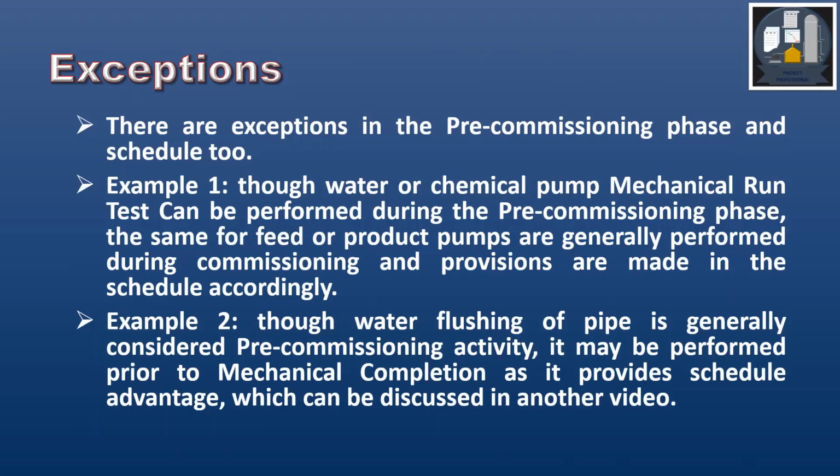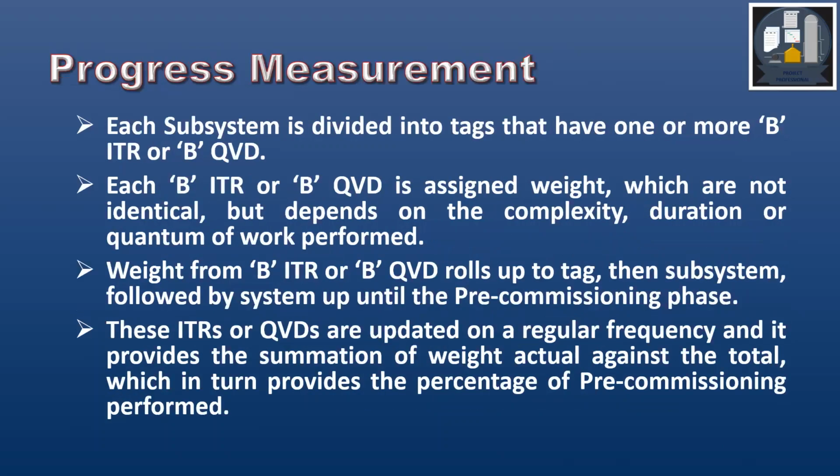Then they are dropped after the mechanical completion is achieved. They are dropped to do the water flushing. But if you bring it before, once this hydro test is done, then subsystem wise water flushing can be done, and then the inline items can be installed. So that saves the time and also the double handling.